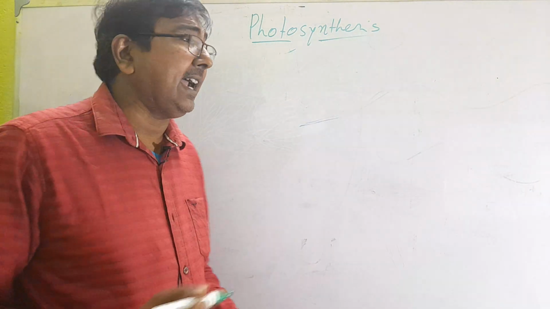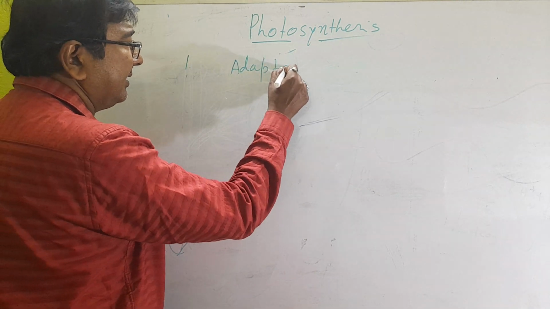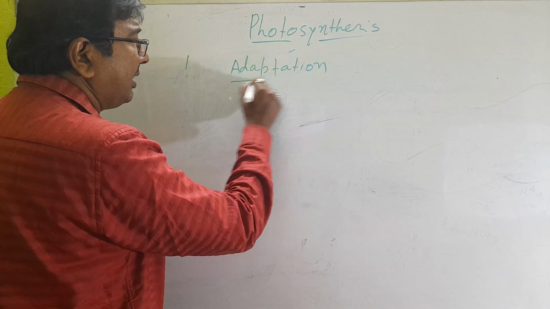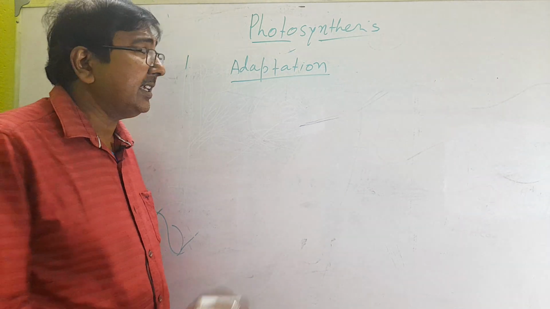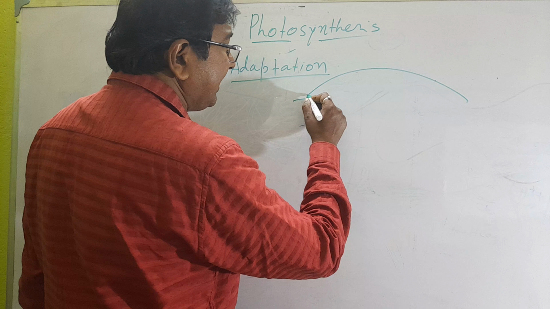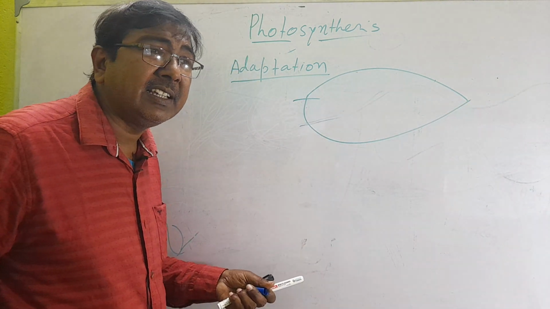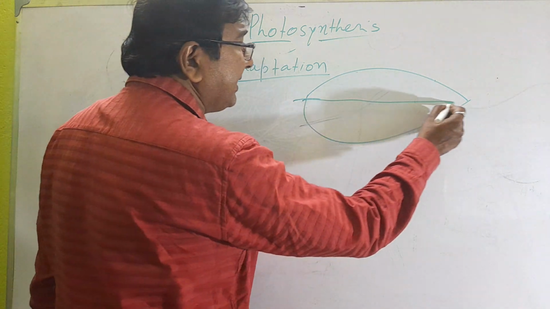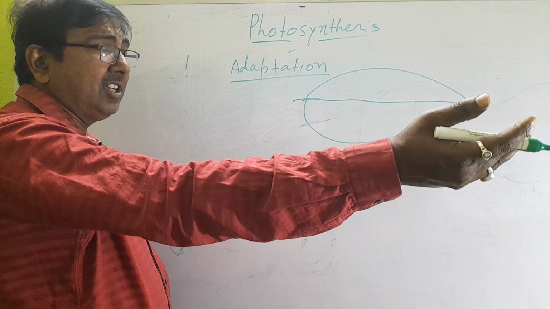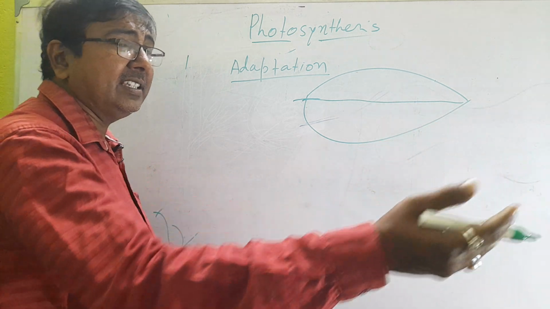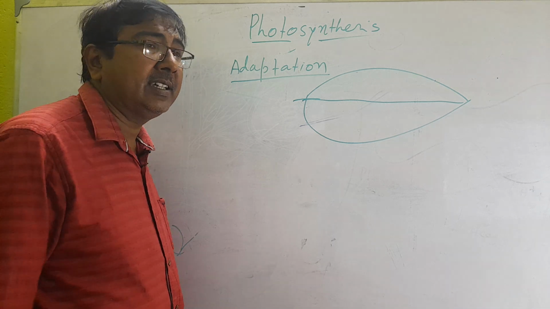Next, what are the adaptations of photosynthesis? Large surface area: if the surface area of the leaf is increased, the rate of photosynthesis increases. Leaf arrangement: if the leaf is arranged at a 90-degree angle towards the sunlight, the rate of photosynthesis also increases.